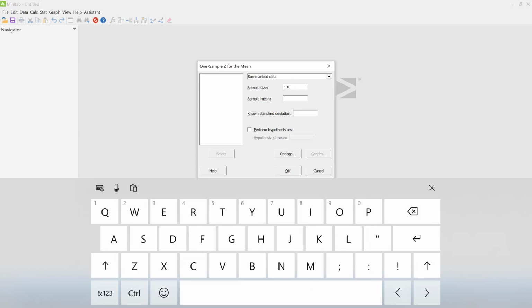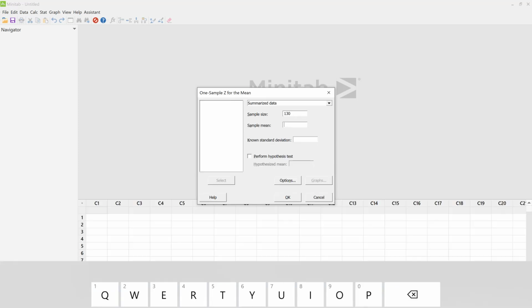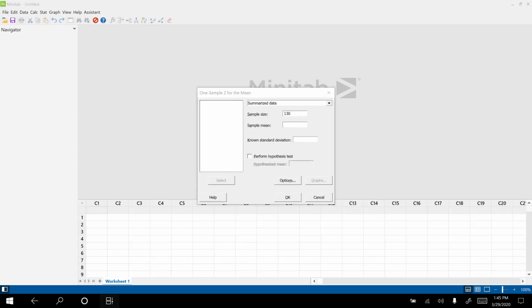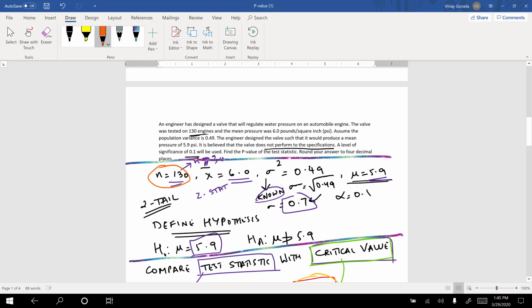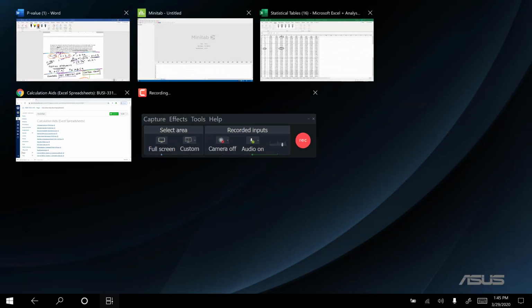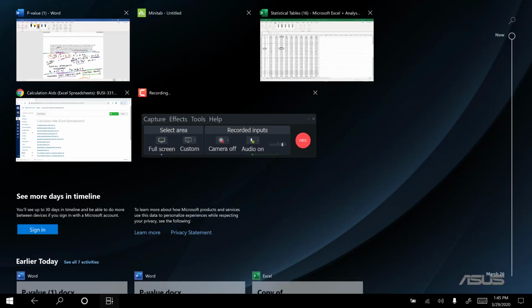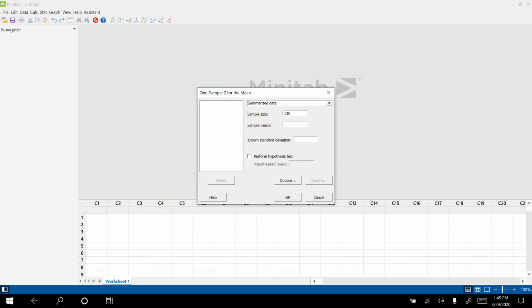And then the sample mean x bar is given as 6, so I will enter 6 here.